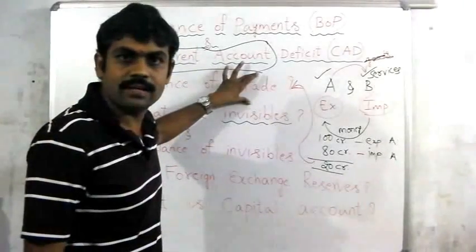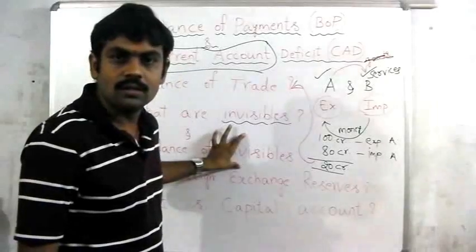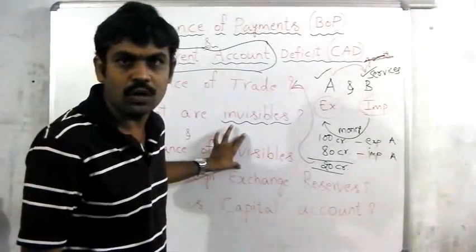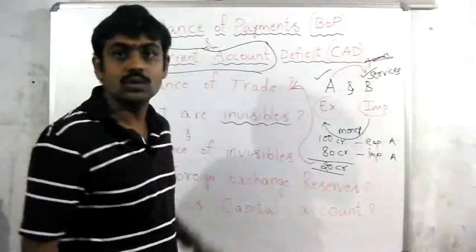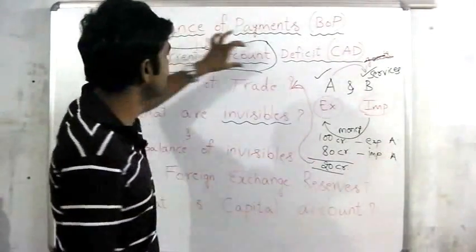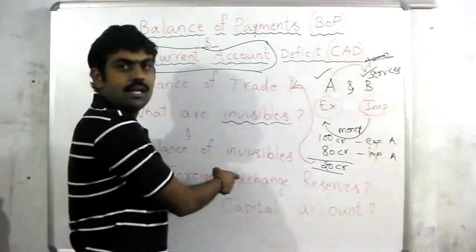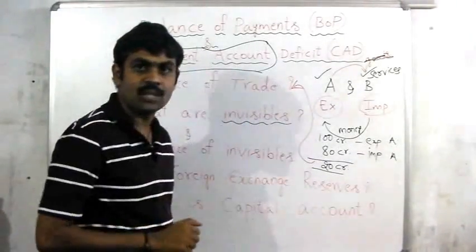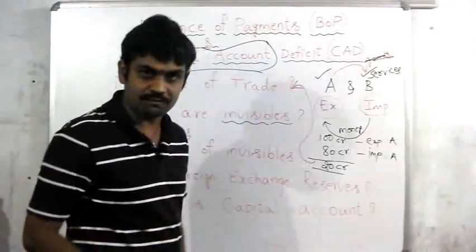The surplus or deficit of balance of trade in goods, when added to the surplus or deficit of balance of invisibles, they both give the net surplus or deficit of current account, and that surplus will give the current account surplus, that deficit will give the current account deficit.